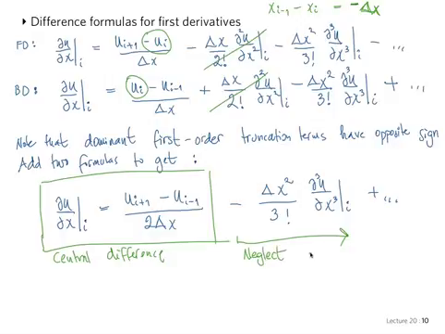And you can see that this is the truncation error, which is now of order delta x squared, which means that if delta x is small, this error is much smaller than the error made with a forward difference or backward difference. These two, forward difference and backward difference, have an error of order delta x. The central difference has an error of order delta x squared. The approximation is better. As delta x is made smaller, the error goes to 0 quicker.